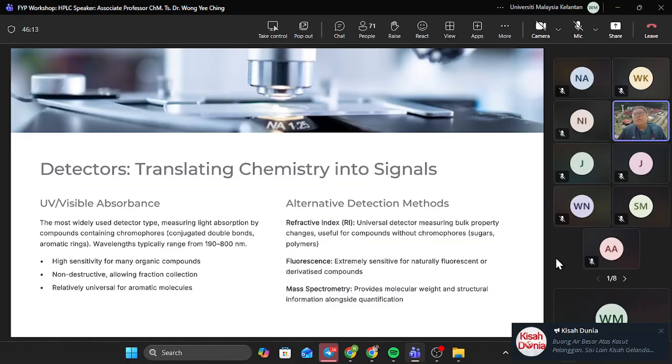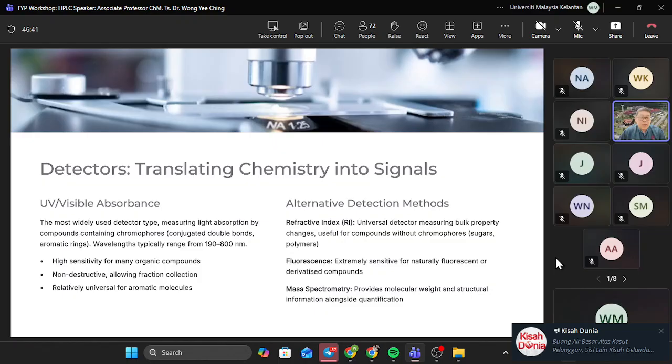Regardless, most basically it's organic compound. Because for inorganic compound, I don't think that people will be using this unless you are doing organometallic compound. Besides that, for inorganic compound, they will usually use the AAS or ICP-MS to actually detect their compound. So this one is much more towards the organic compound.